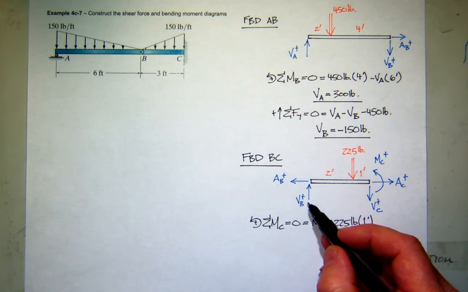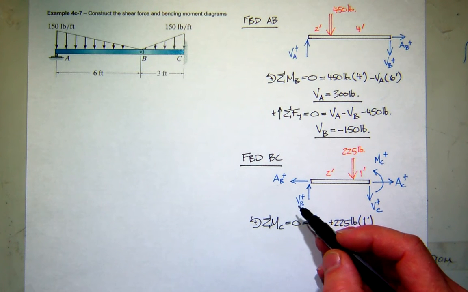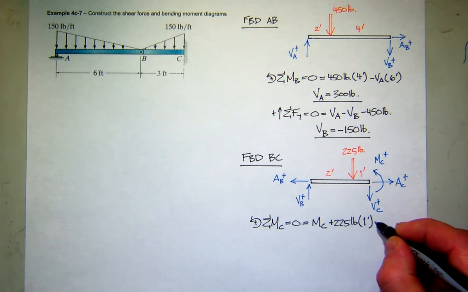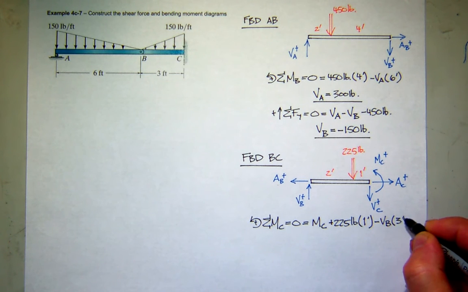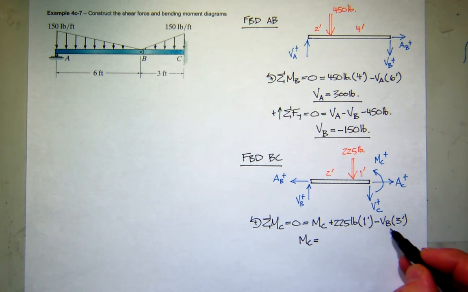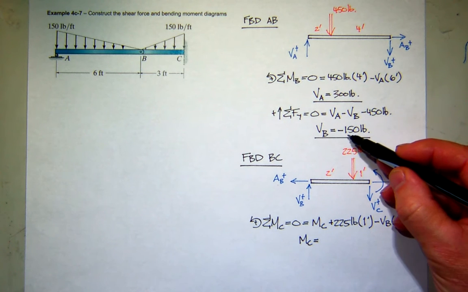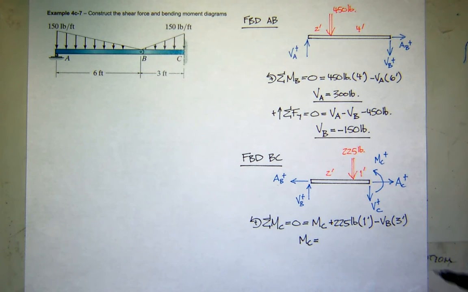And then the other force would be the shear at B. In this version, it is a negative moment. So I'd have minus the shear at B times a moment arm of 3. Now, of course, when I solve for the moment at C, what do I put in for the shear at B? Negative 150. So negative makes positive.